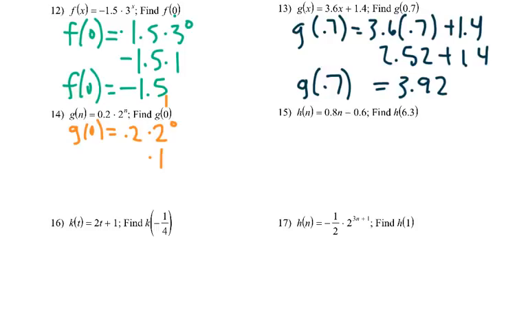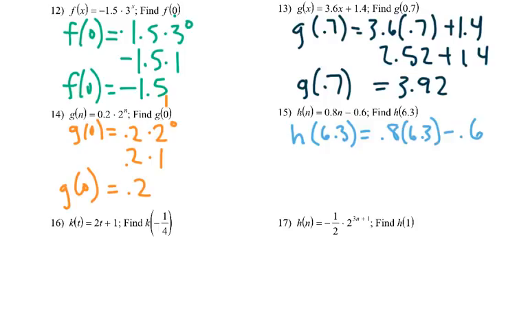Okay, 2 to the 0 is 1, 0.2 times 1 is 0.2, so g of 0 equals 0.2. h of n, h of 6.3 equals 0.8 times 6.3 minus 0.6. So 0.8 times 6.3 is 5.04, minus 0.6 gives us 4.44. So h of 6.3 equals 4.44.